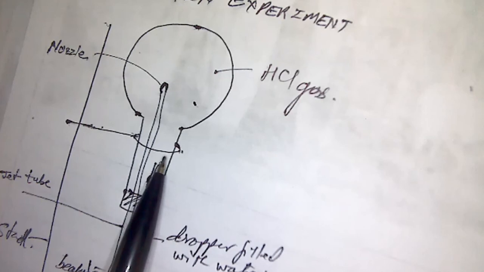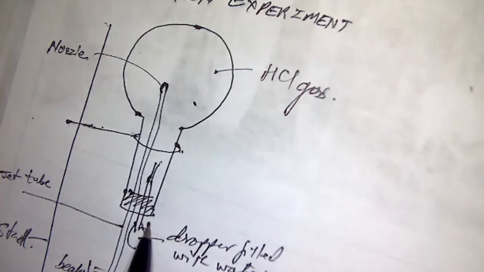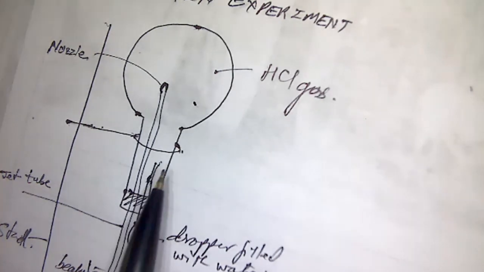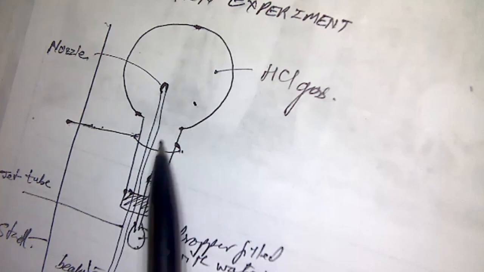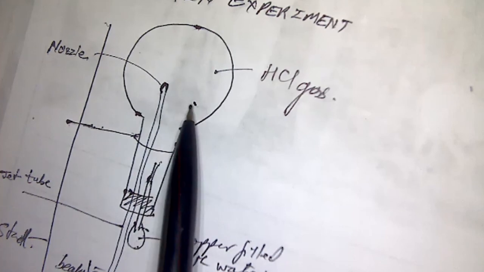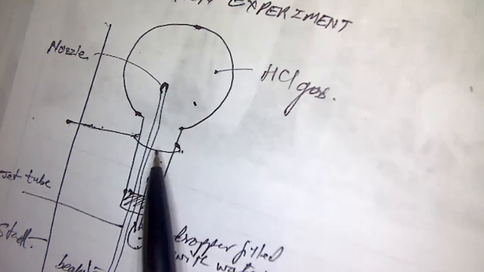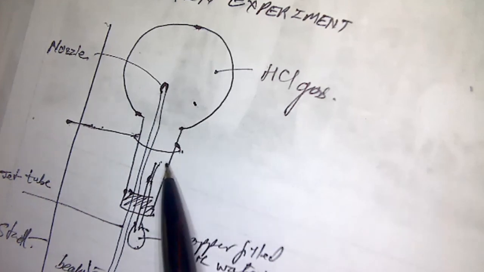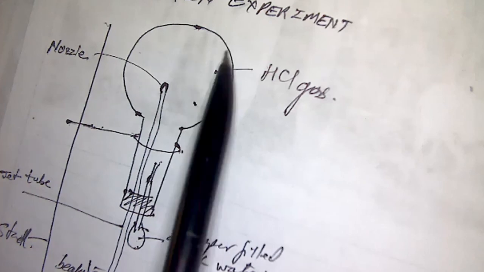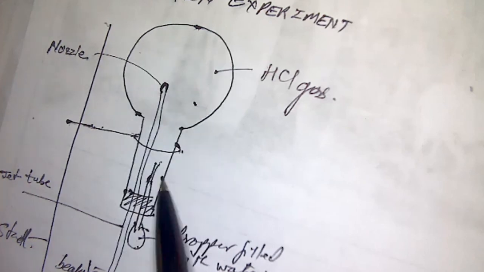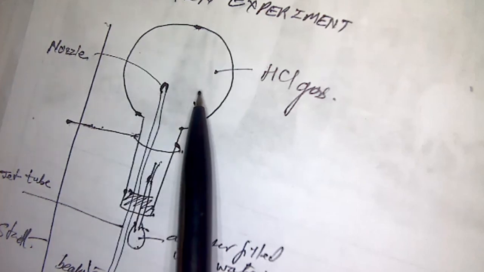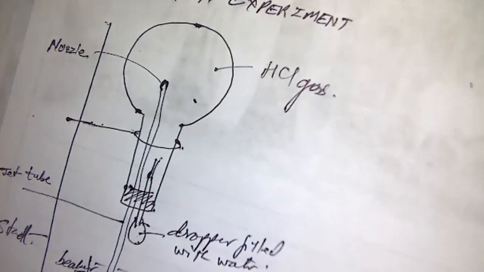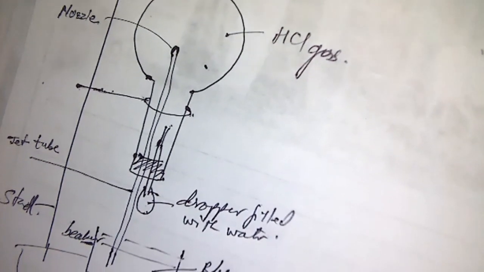Water starts coming out from here. So water comes out means it immediately comes in contact with HCl. So what will happen? This HCl starts dissolving in it. Once it dissolves, the gas being dissolved creates a vacuum. And to fill up that vacuum, what will happen?